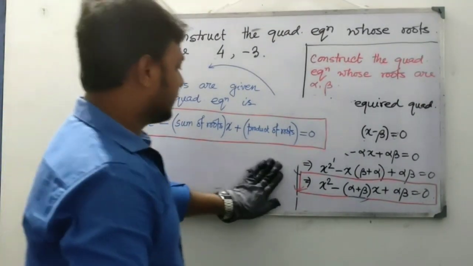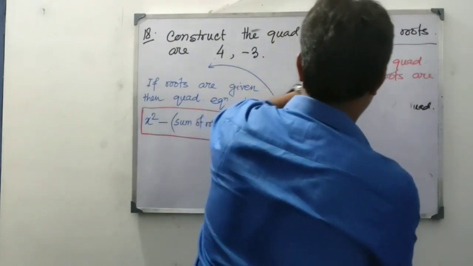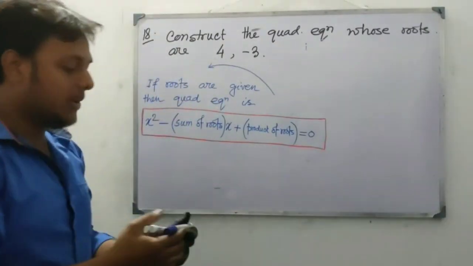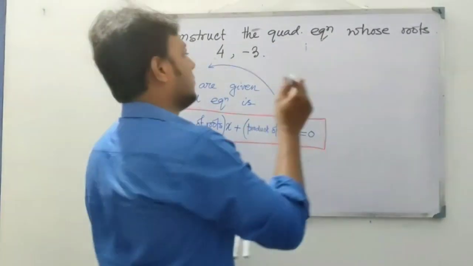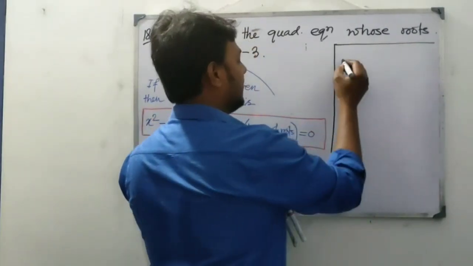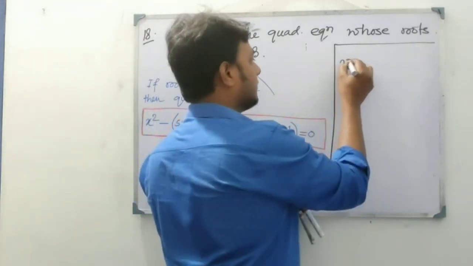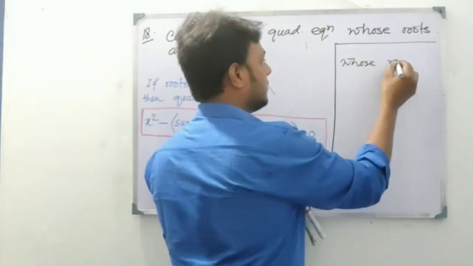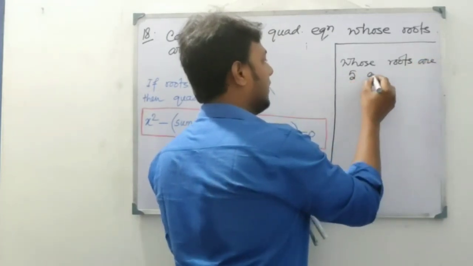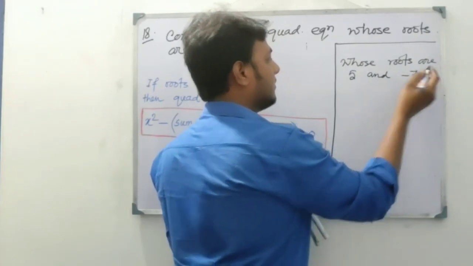Suppose I am asking you to construct the quadratic equation whose roots are 5 and minus 7.